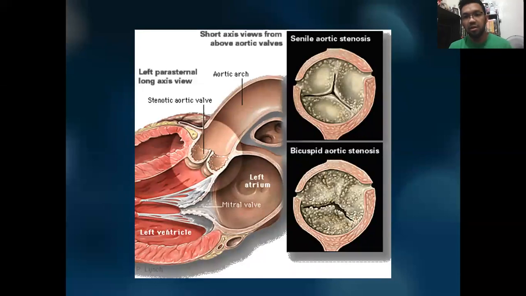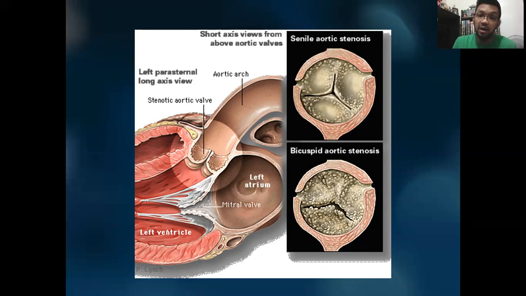Now, for senile aortic stenosis, what happens here is due to the deposits of plaques, for example, on these valves, the tendency is that they are going to harden.